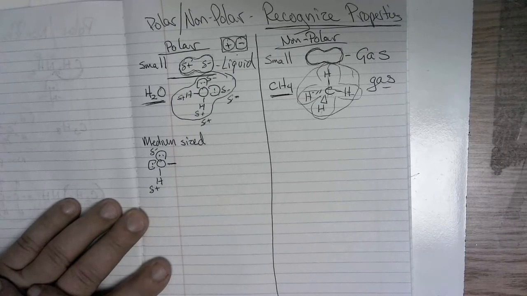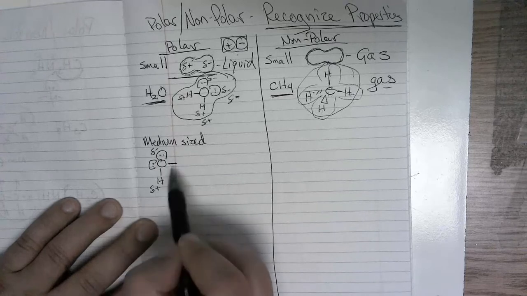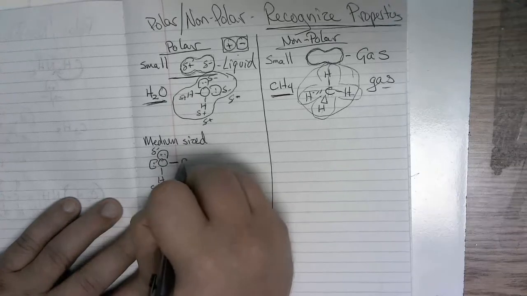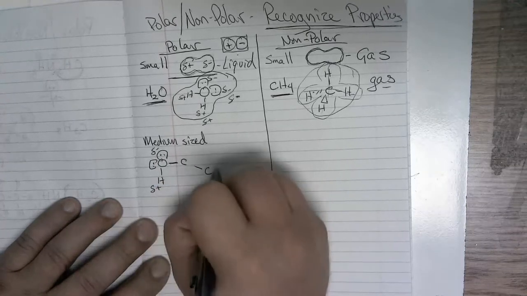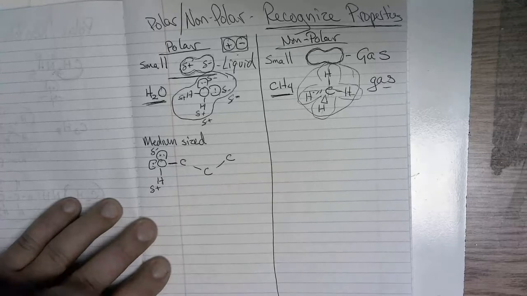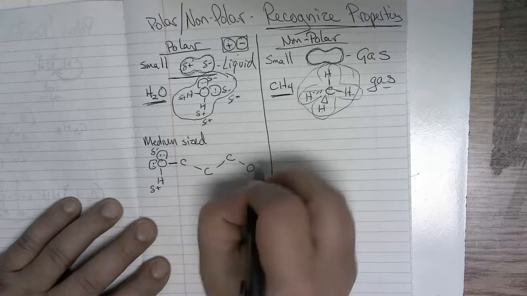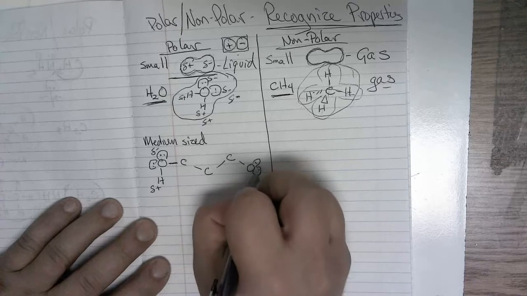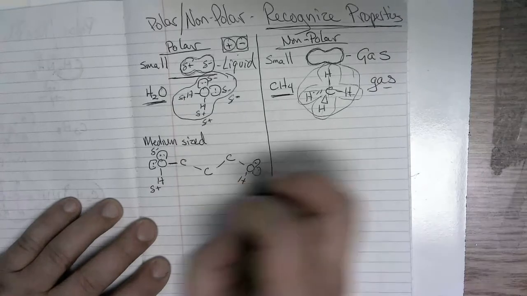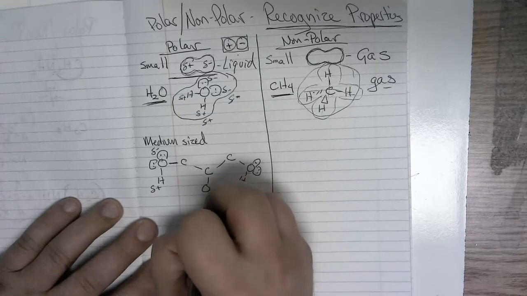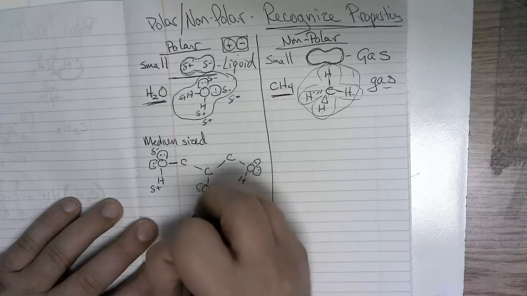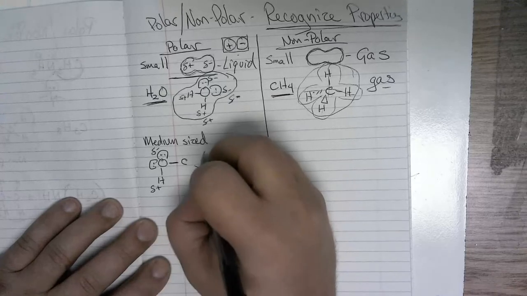So what if I took this OH and I attached it to a chain that had 3 carbons, like this. And I put an OH over here, like this. And I put an OH on this side, like this. And I put an OH on this side, like that.